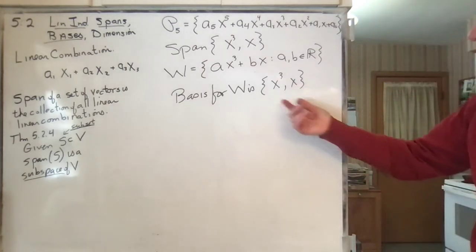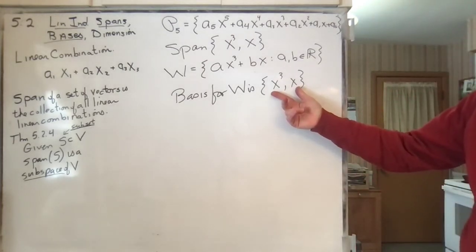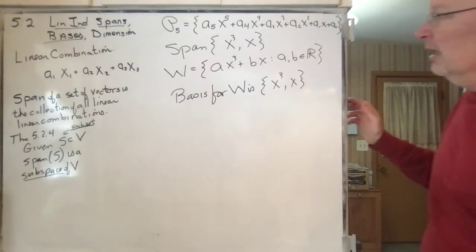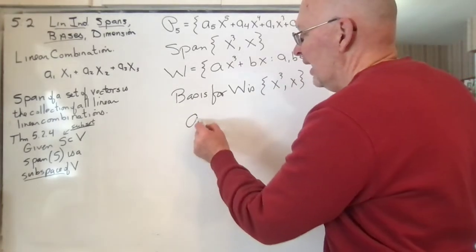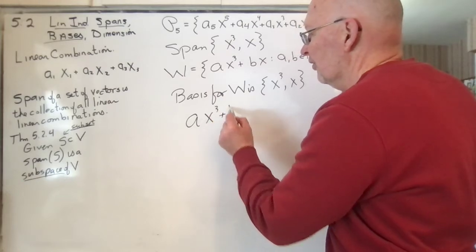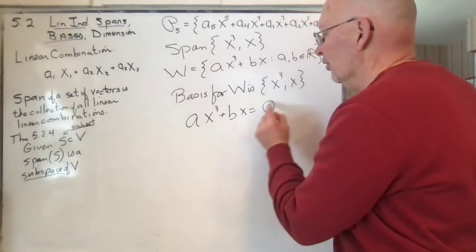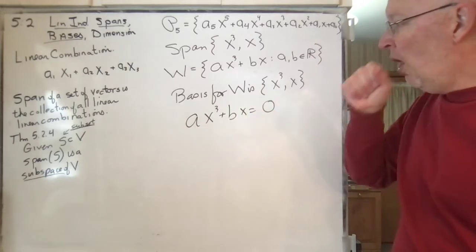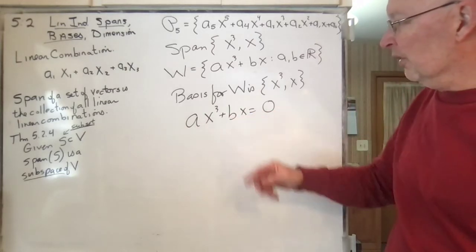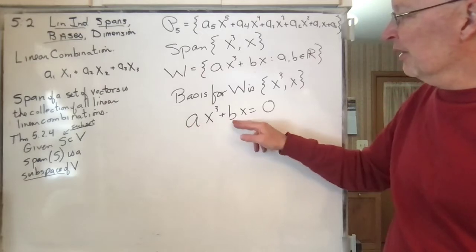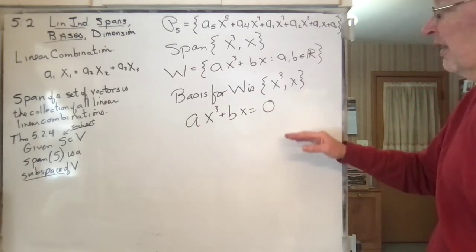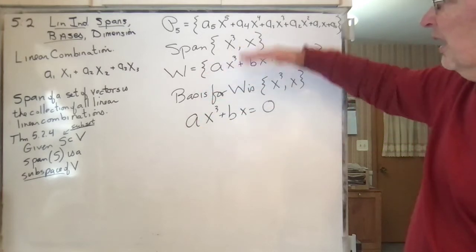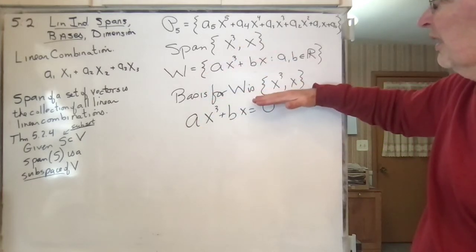Okay, because do you agree these two things are linearly independent? If I have ax cubed plus bx equal to 0, for all x's of course, the only way that can happen is if both a and b are 0. So it's linearly independent, and by taking all linear combinations of this, I get the space right here.